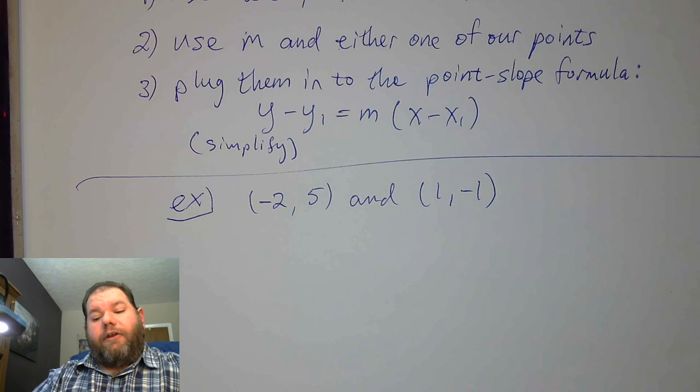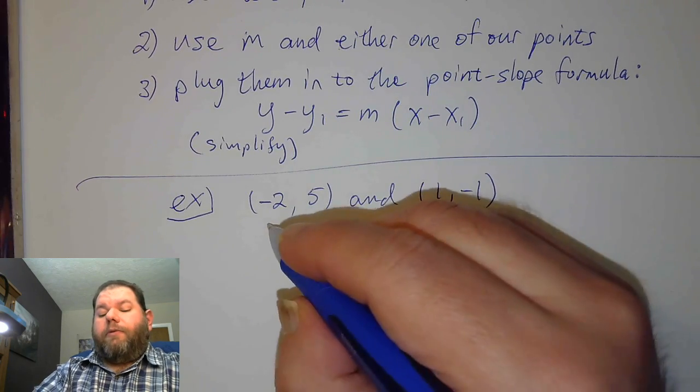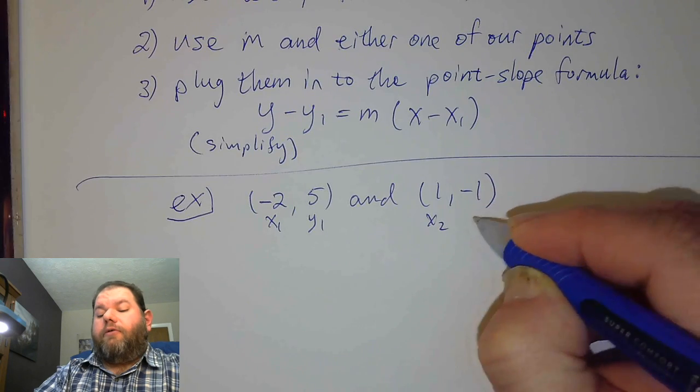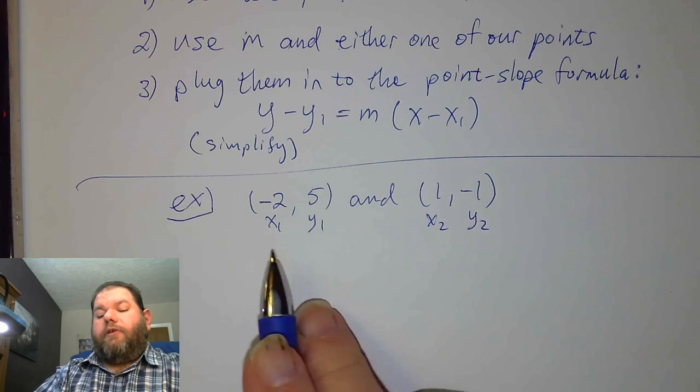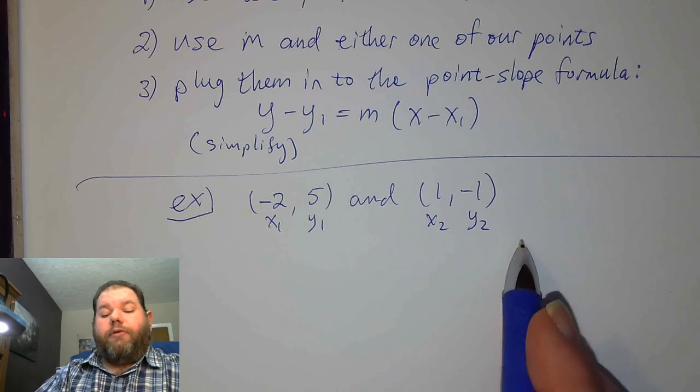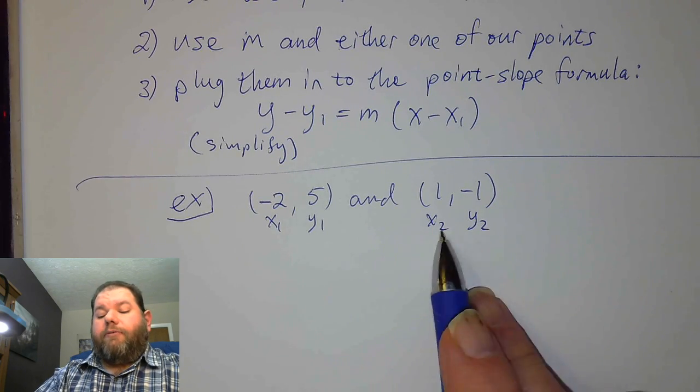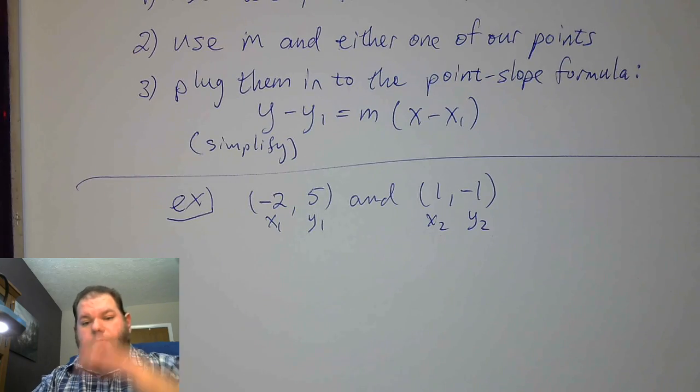So we want to find the equation of the line that contains these 2 points. I'm going to label them x1, y1, x2, y2. The subscripts basically indicate which point they're in. So this is the x and the y from the first coordinate. This is the x and the y from the second coordinate.